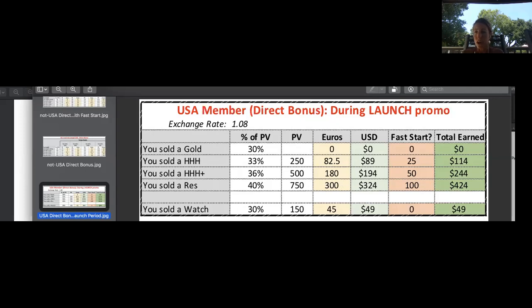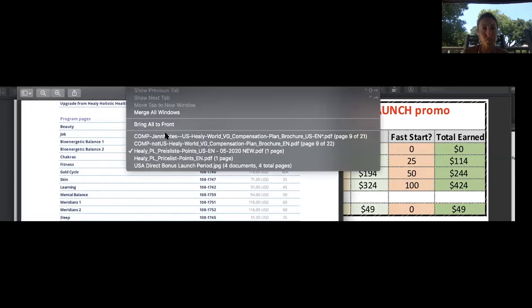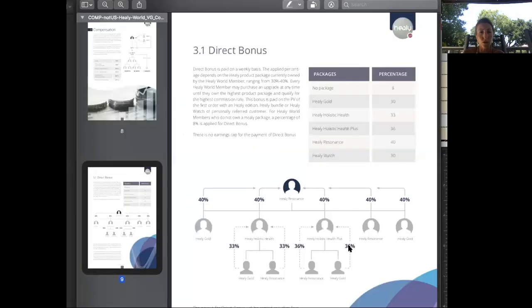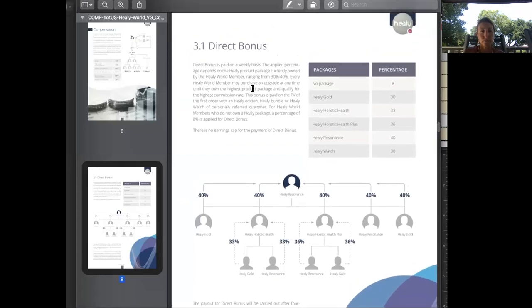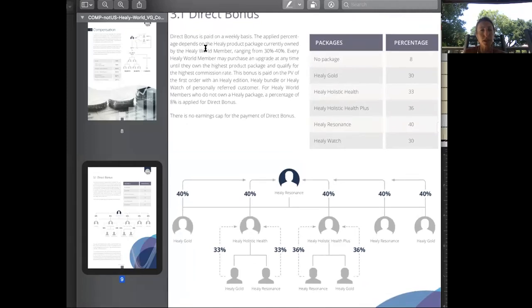Okay, so let's look at non-US, and I'm going to pull up their comp plan. Okay, so in their comp plan, when you look at the direct bonus, it says the applied percentage depends upon the Healy product package currently owned by the Healy World member.